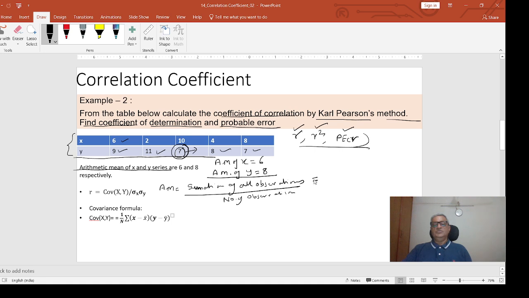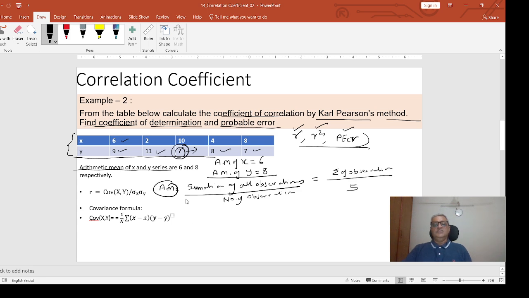The summation of all observations is something we don't know yet. How many observations are there in y? There are 5 observations.